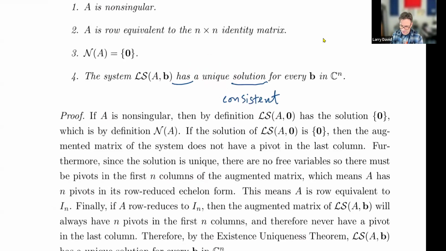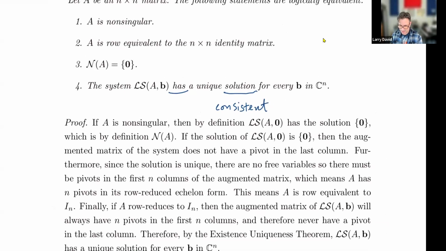So the existence uniqueness theorem tells us that every system is either consistent or inconsistent, and then if it's consistent, it either has a unique solution or infinitely many solutions. So this statement narrows it down to consistent with a unique solution for every b in C^n, and that's also important.